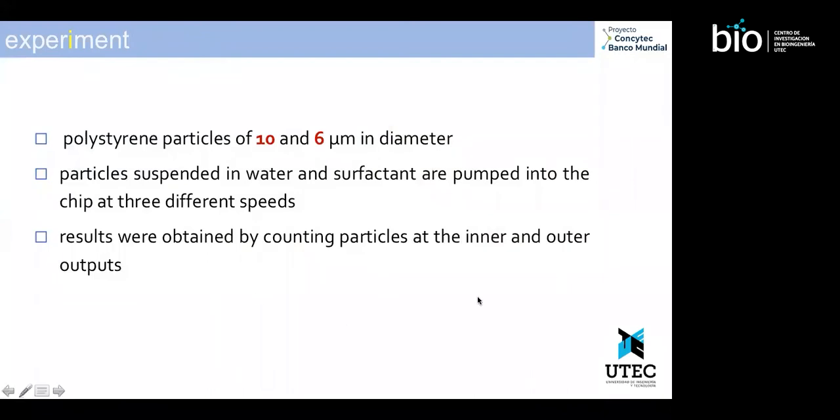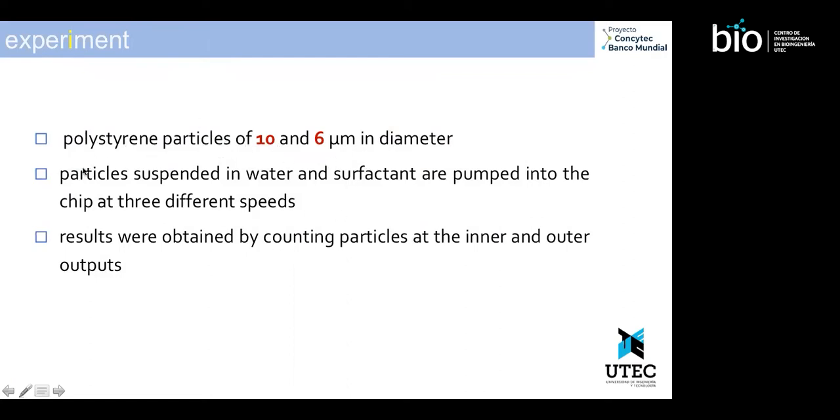So for the experiment, to see if this all really works, we use particles of 10 and 6 micrometers in diameter. Just to give you an idea, that's about the same range as red blood cells are. So we are in the right range, but not with the right material. So we first try the polystyrene particles to see if we can separate.